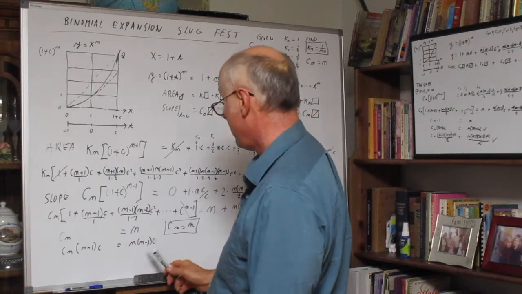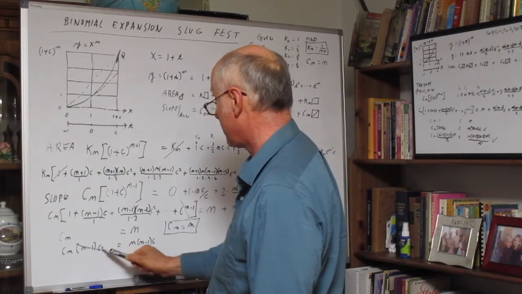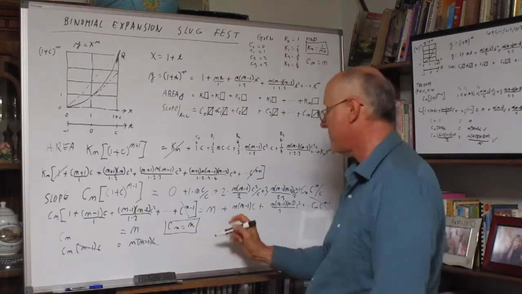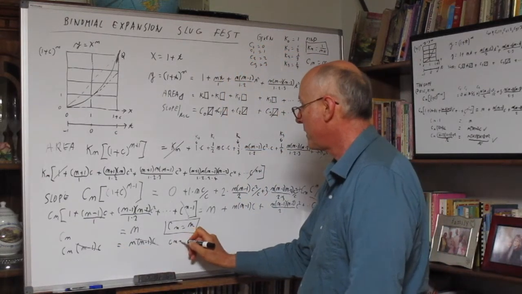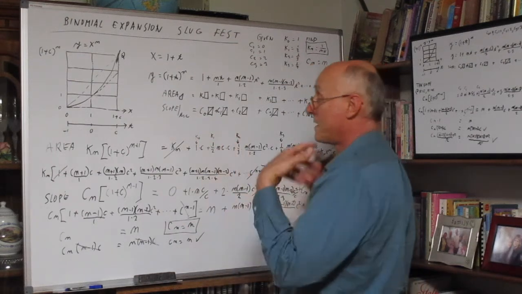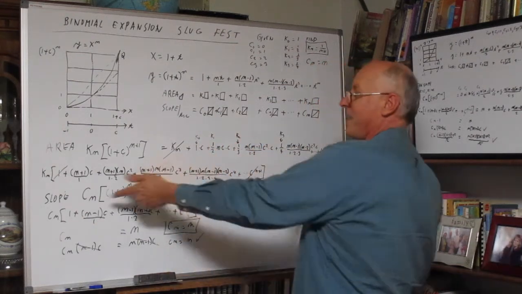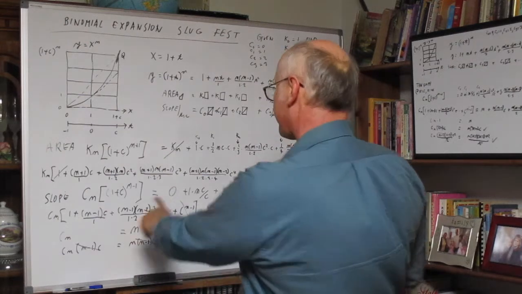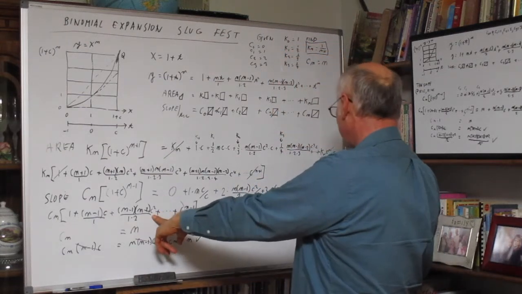Okay. Well, guess what? This cancels this. C sub n is equal to n. Again, this is redundant information, but you see the similarity already with the way we did the area. It's just one more. C squared with a c squared.